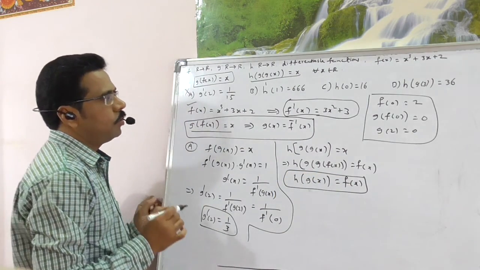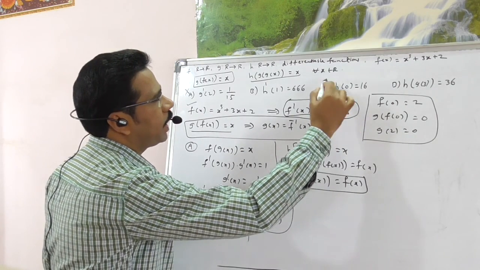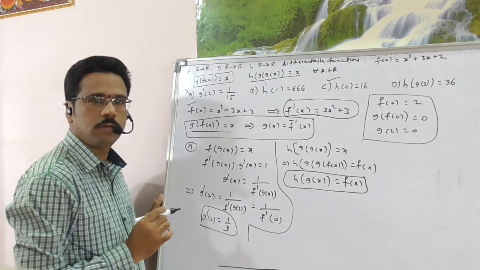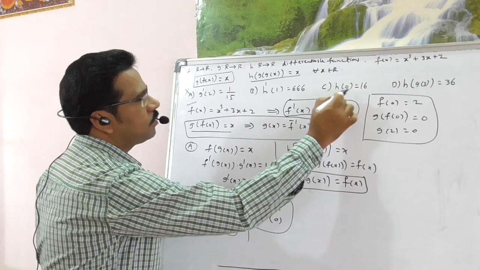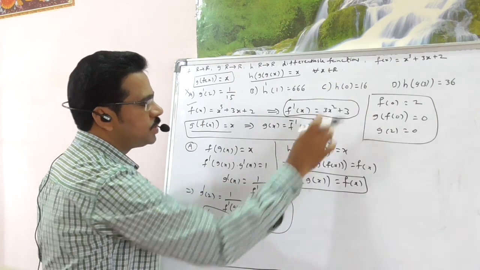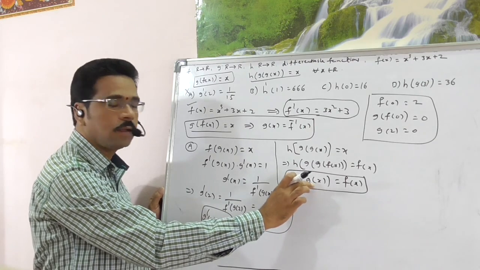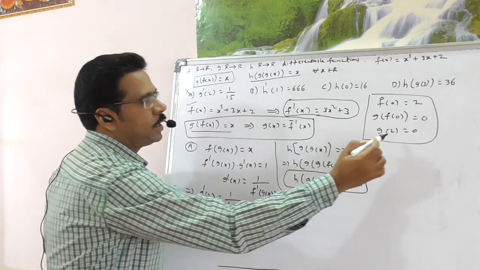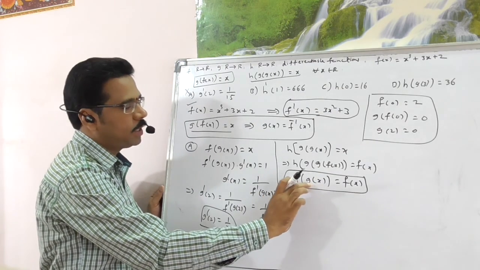Now come to the options. Now easily you can find h of 0. Option C we have to check: h of 0 is 16. In this place you have to get 0. How to get 0 here? Already we have g of 2 is equal to 0. If you take x equal to 2 here, automatically you get 0.